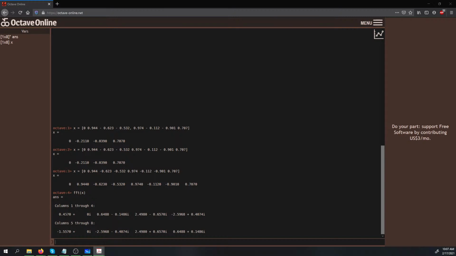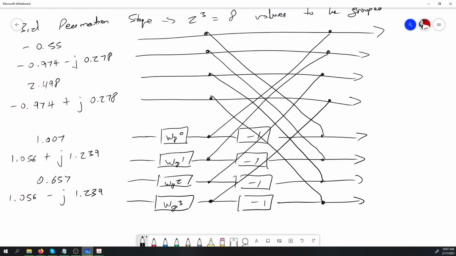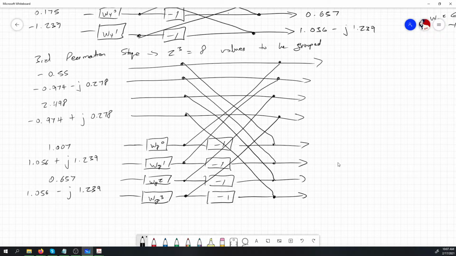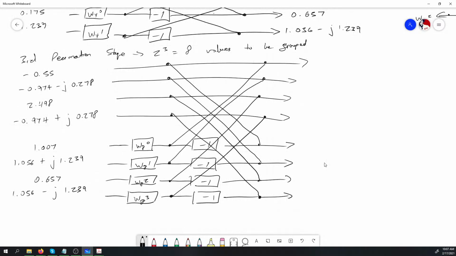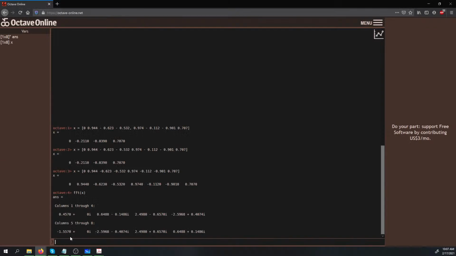So the first value here is going to be 0.5457. So this is going to be 0.457. Back here, our next value was 0.6488 minus 0.1486i, so I'm just going to round that up to 3 decimal places.